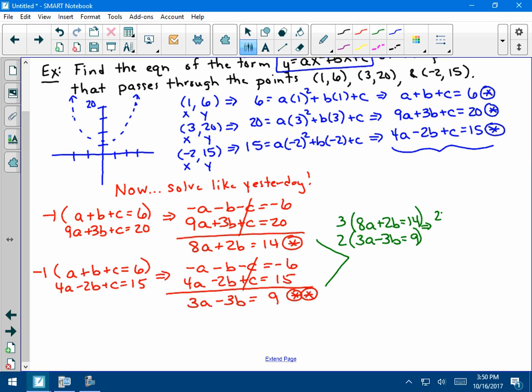So I'd get 24a plus 6b equals 3 times 14, which is 42. And on the second line, I'd get 6a minus 6b equals 18. The 6b's cancel. I get 30a equals 42 plus 18, which is 60. So a is 2.